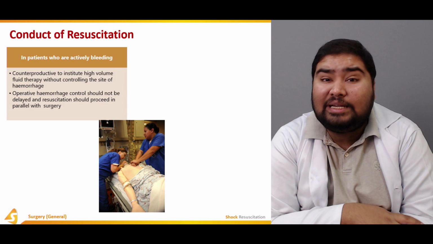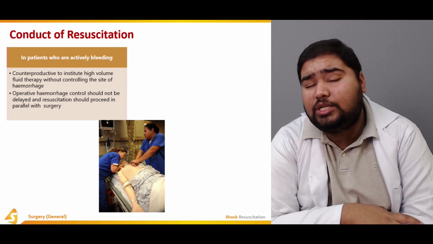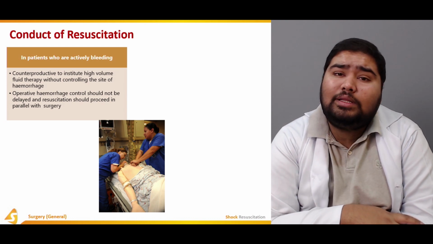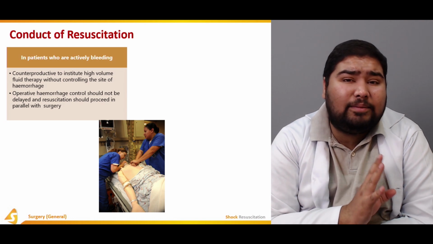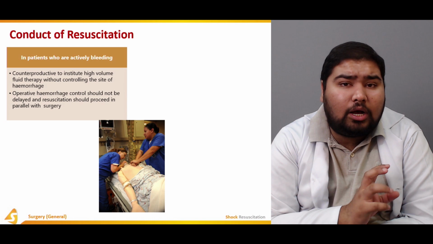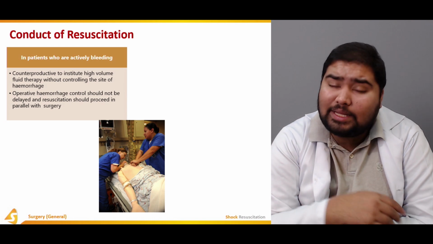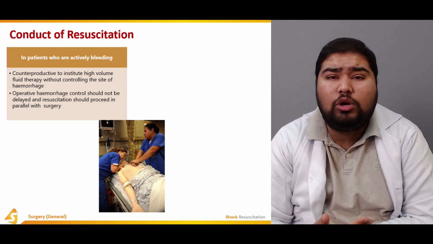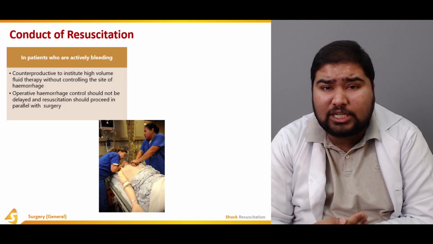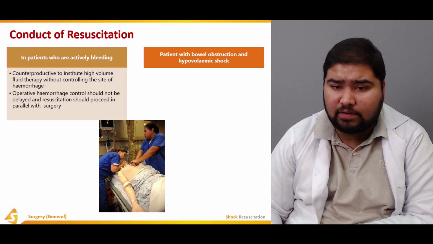So it has to be done urgently by a trauma or a general surgeon. So the attempts at resuscitation should not delay this operative hemorrhage control, because no matter how much you resuscitate this patient, if you're not going to control the volume loss, the resuscitation would not be effective.